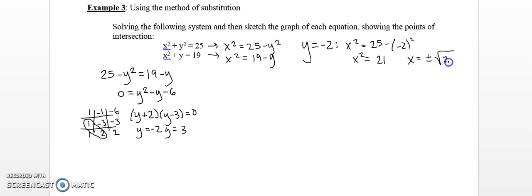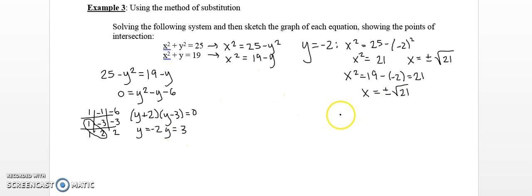So we get the positive or negative square root of 21. If I plug it into the other equation, I get x squared is 19 minus negative 2. Well, 19 minus minus is plus, so this is 21. So x squared is 21, so x is either positive or negative square root of 21. So I got the same answers. This is a good thing.